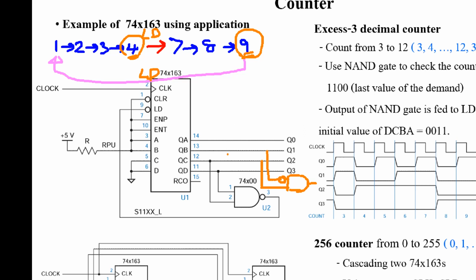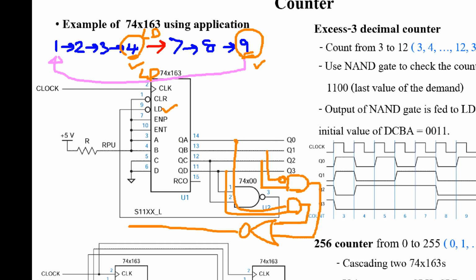And check 9, right? 9 is 1, 0, 0, 1, so check this bit is 1 and this bit is 1. For these states we use load, so you OR these together and go to load. But load is active low, so I add a bubble here and connect to load.